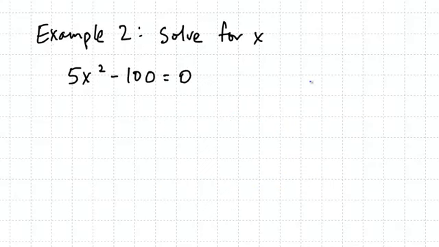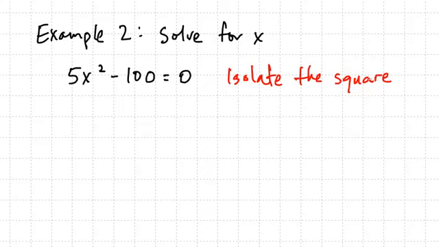Next example. Just like we saw with solving radical equations, it's important that we isolate the square. We're going to be using the square root sign, but before we do that, we first have to isolate the square. The square here is x squared. The 5 and the minus 100, those we have to move to the right side before we can take the square root.